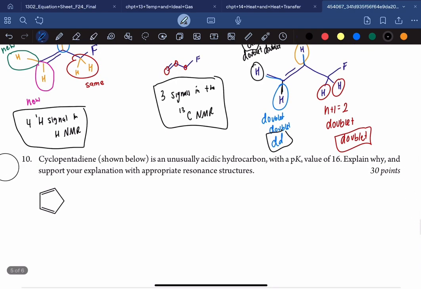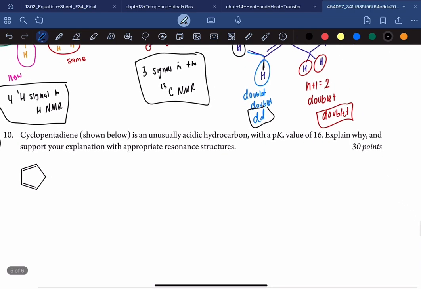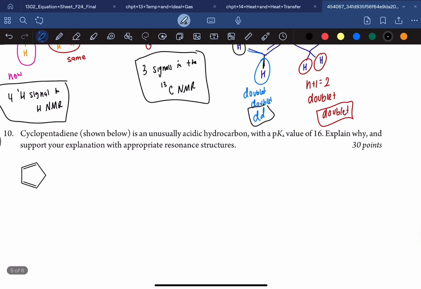Okay, and then the last part, it says cyclopentadiene, shown below, is an unusually acidic hydrocarbon with a pKa of 16. Why would this happen, and show appropriate resonance structures? Okay. So acidic hydrocarbon means that the hydrogens are abstractable by a base. So let's just draw that out.